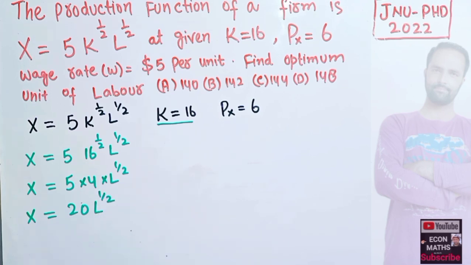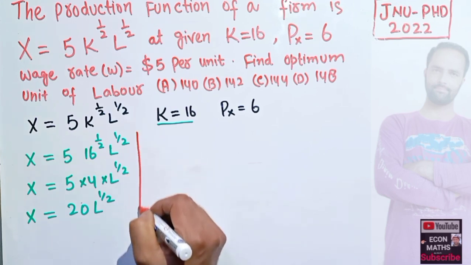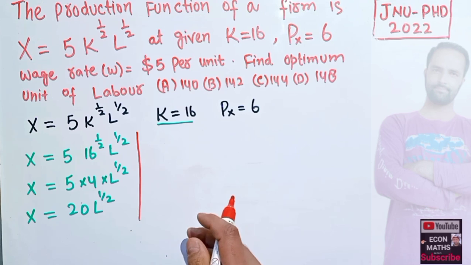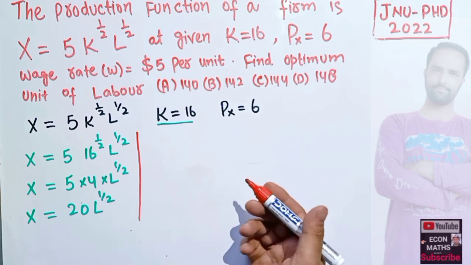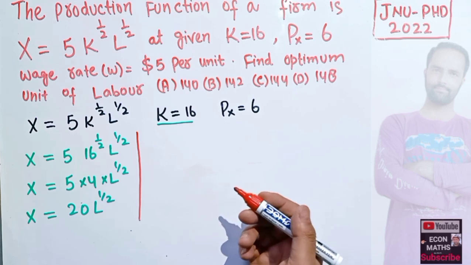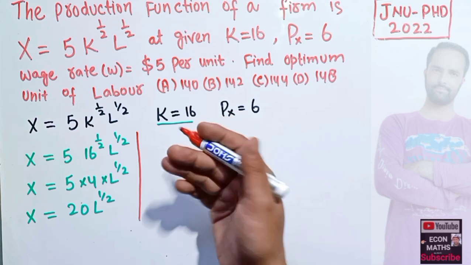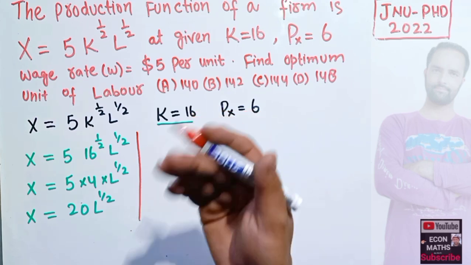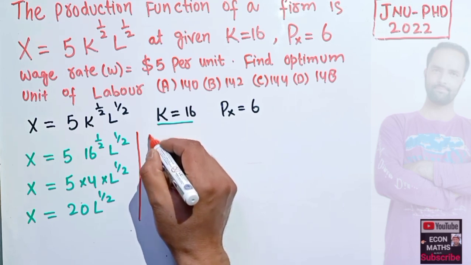Okay. Next thing is, what is the condition for employing the labor, the optimum units of labor? It is simple. To maximize profit, a manager will hire labor until the value marginal product of labor is equal to wage rate. That means, let me write it here.